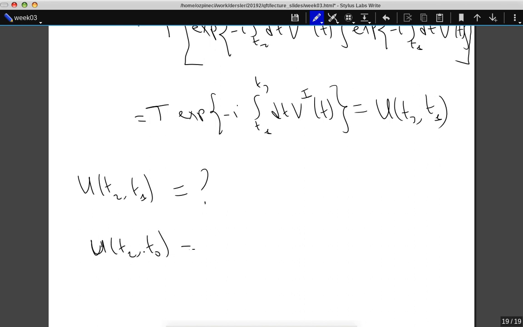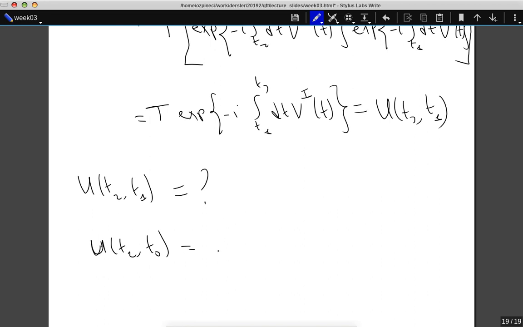U of t2, t0, I know what that is. You see, I had taken my reference time t0. That is when the interaction picture states, the Schrödinger picture states and the Heisenberg picture states all match, they are all the same. And U of t2, t0 just evolves my state in the interaction picture.